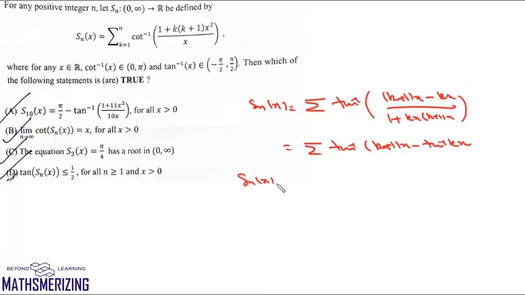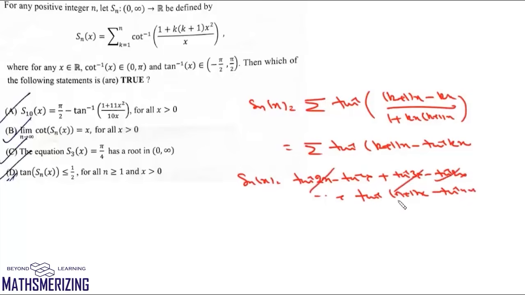Now we put the value of this summation, then it starts from 1, so it will be tan inverse 2x minus tan inverse x, plus tan inverse 3x minus tan inverse 2x, and finally it will go up to tan inverse (n plus 1)x minus tan inverse nx.